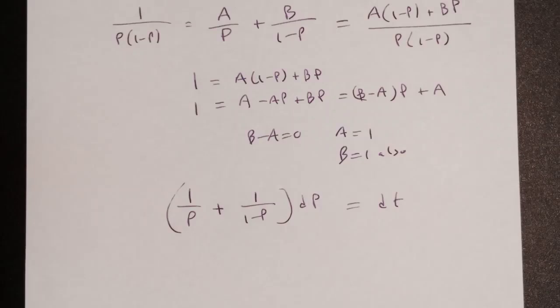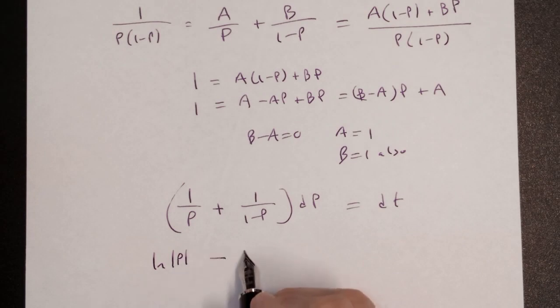It's not just ln of p, it's ln of stuff. I need a u sub. U equals 1 minus p, then du is minus dp. So instead of plus ln of 1 minus p, I get minus ln of 1 minus p.